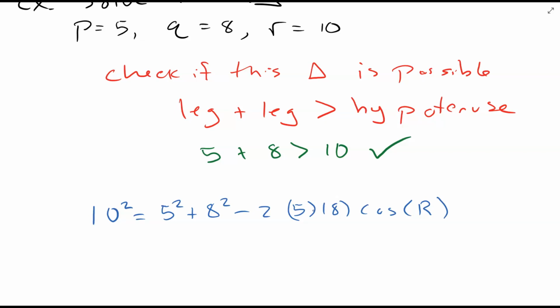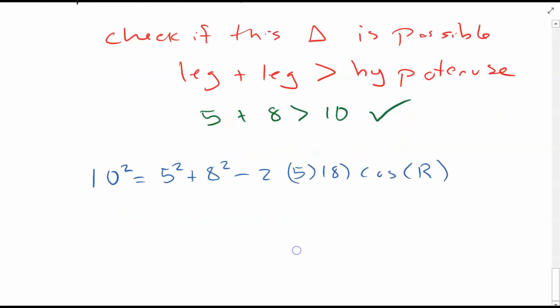I see lots of mistakes that students make by combining like terms on these kinds of problems where they're not like terms to combine. In particular, I see students do 5 squared plus 8 squared minus 2 times 5 times 8 and write that as the coefficient on cosine. Not okay to do that.